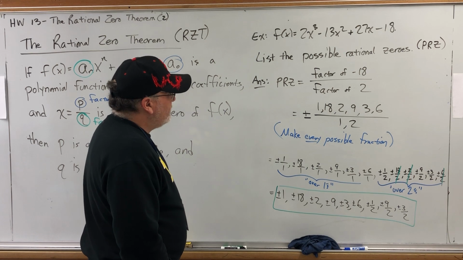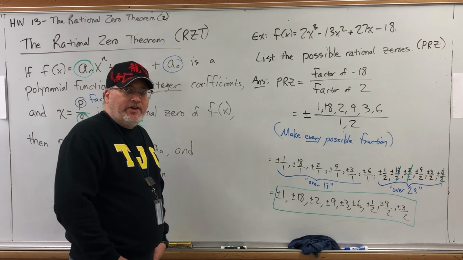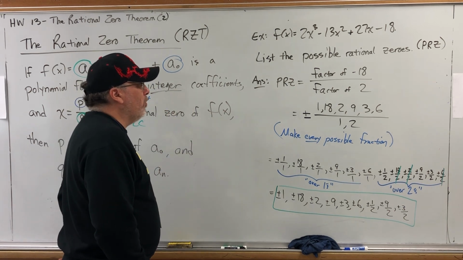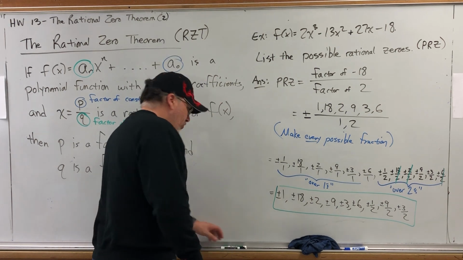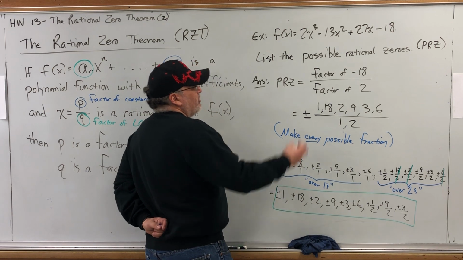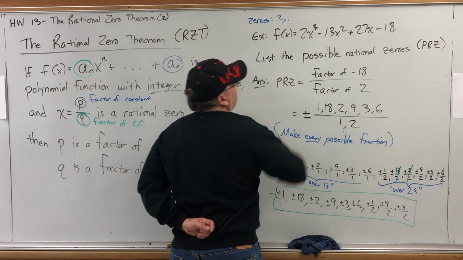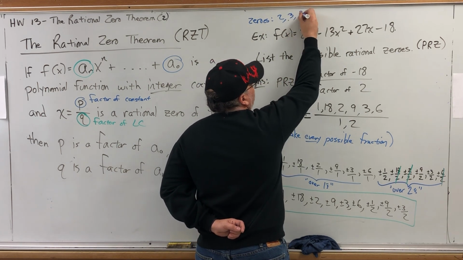So how do we take advantage of this? Well, I'll show you a complete example in the next video, but just to put some closure and connect this back to the previous example in the first video, we found the zeros of this function already. I gave you a hint that one of them was 2, but do you recall what the zeros were? One of them was 2, one of them was 3, but the other one was 3 halves.